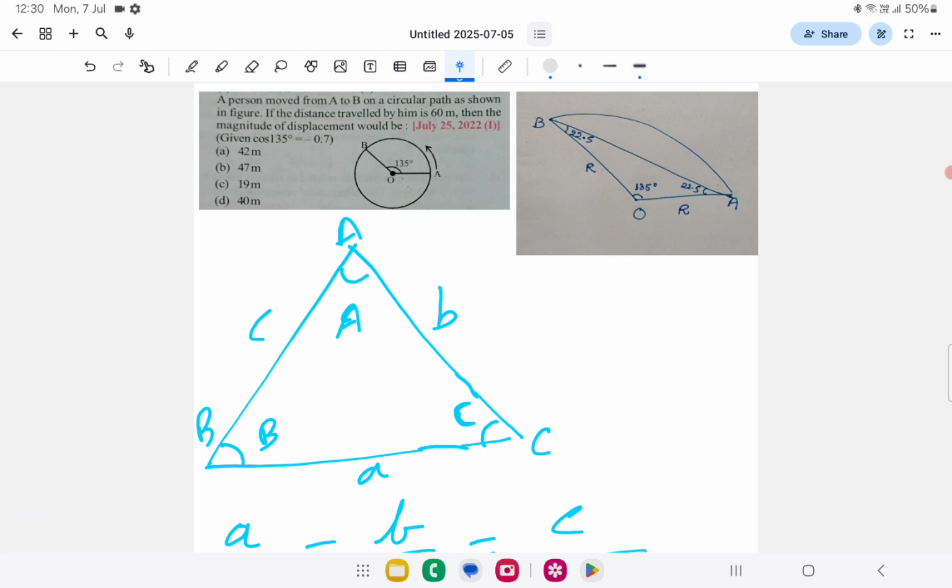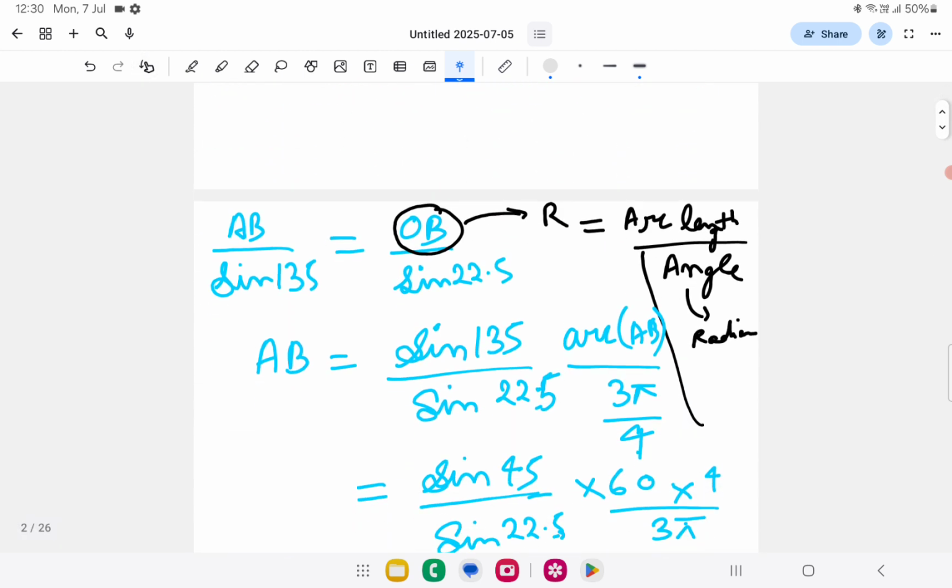So we have to find AB. So AB upon sine 135 is equal to OB, that is radius, upon sine 22.5. I have written all these things here.